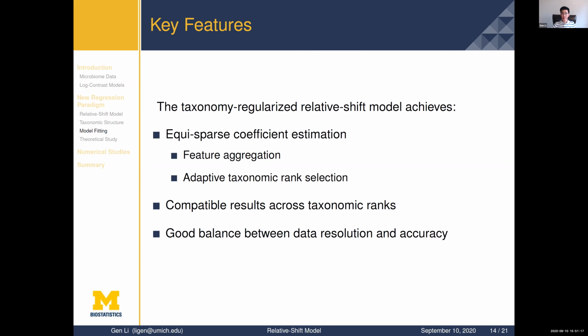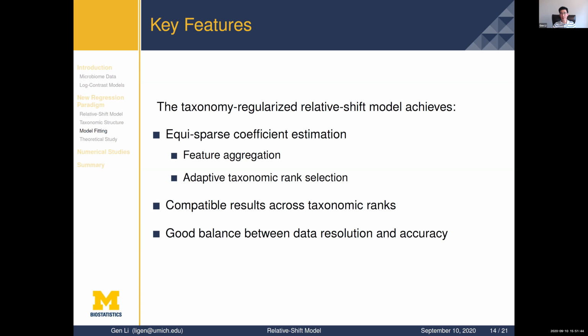So there are several key features with this taxonomy regularized relative shift model. One is that it can achieve equisparse coefficient estimation, which directly translates to feature aggregation. In particular, since we aggregate features based on the taxonomic tree, at the end of the day, we will be able to select different entities at different taxonomic ranks adaptively.